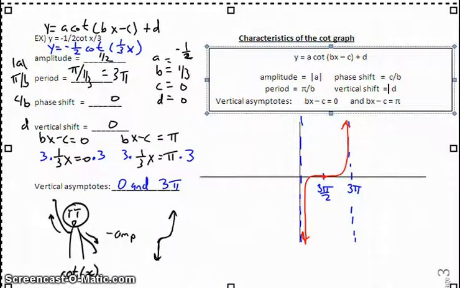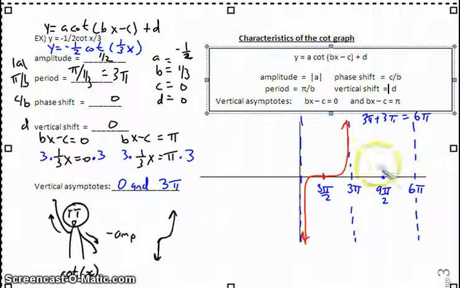Let's put on another period. So I'd come over here, and I would think about this. If the period is 3 pi, I'm going to do 3 pi plus 3 pi, which is going to get me to 6 pi as my next vertical asymptote. The halfway point between 3 pi and 6 pi would be 4.5 pi. As an improper fraction, that'd be 9 pi over 2.